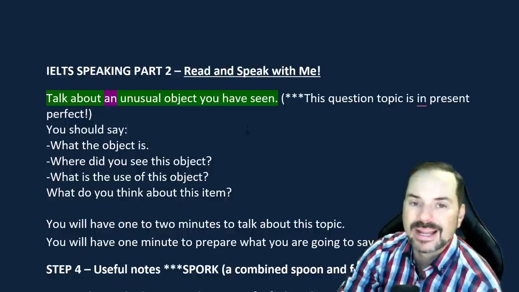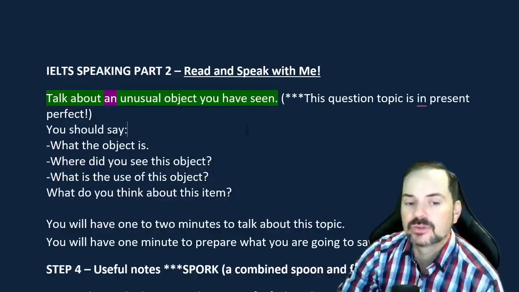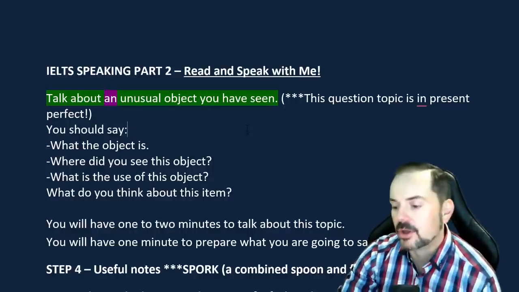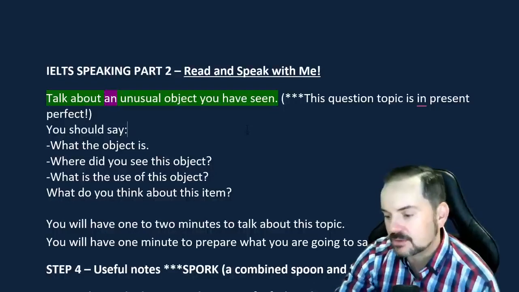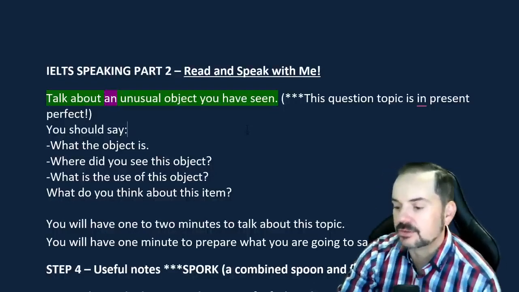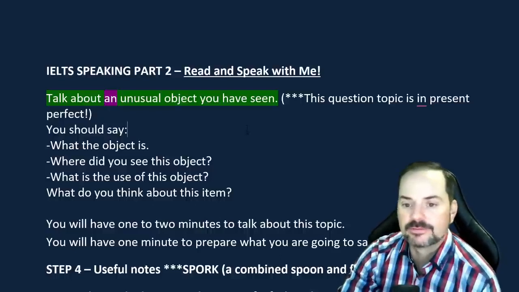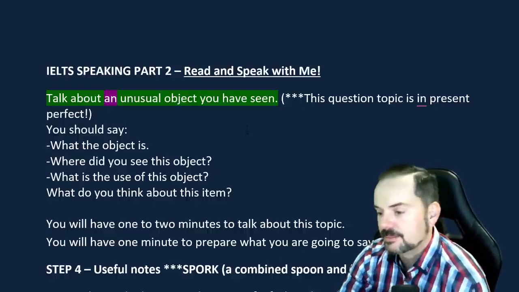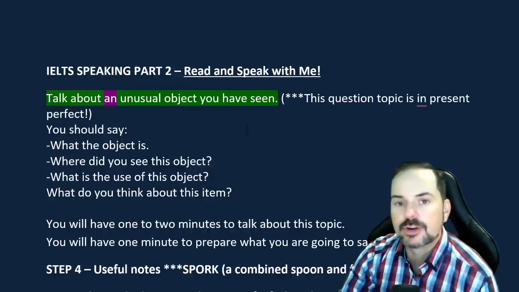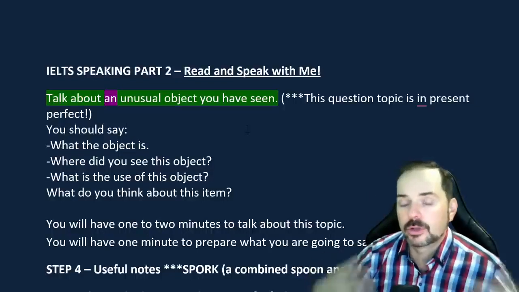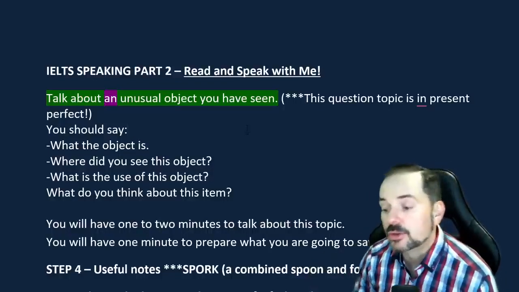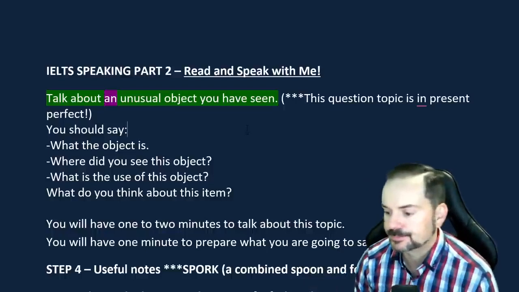The more directly and accurately you answer the question, the better. All of those strategies that you've seen online tell you to talk about a lot of different objects, but that's too general. If you speak generally for cue card part 2, you get a lower mark. Okay.